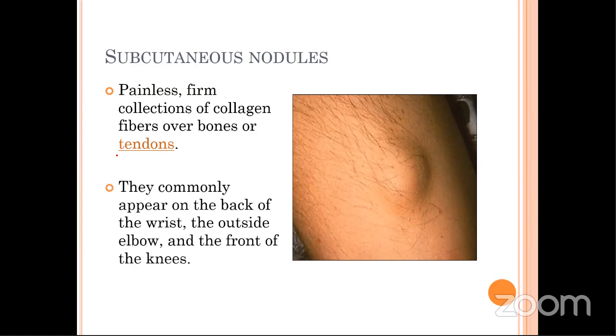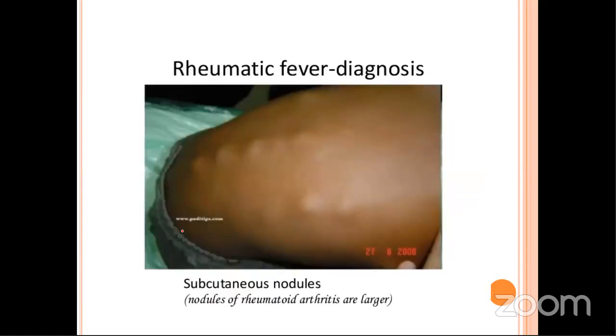And they commonly appear on the back of the wrist, the outside of the elbow, and front of the knees. So here you see the back of the wrist or dorsum of the wrist. This was where you got your subcutaneous nodules in your case of Prem. And this is a picture from another patient where you have these subcutaneous nodules on his back.